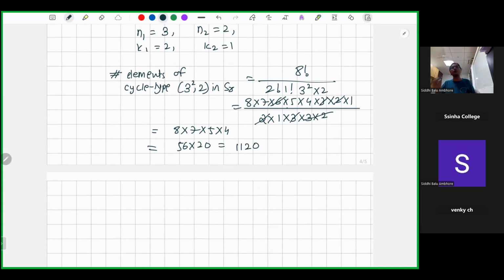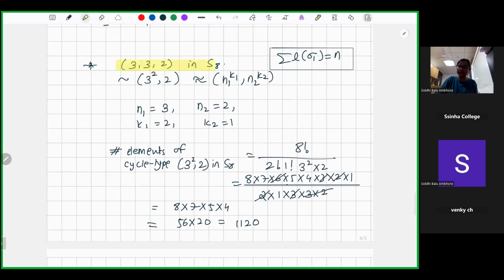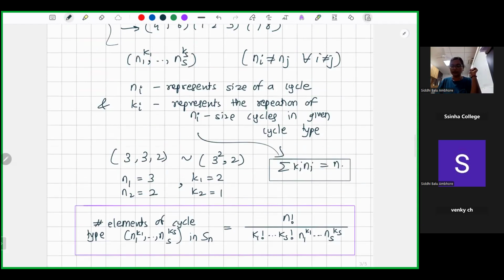This many elements of cycle type 332 are there in S8. So we can directly use this formula to calculate that.